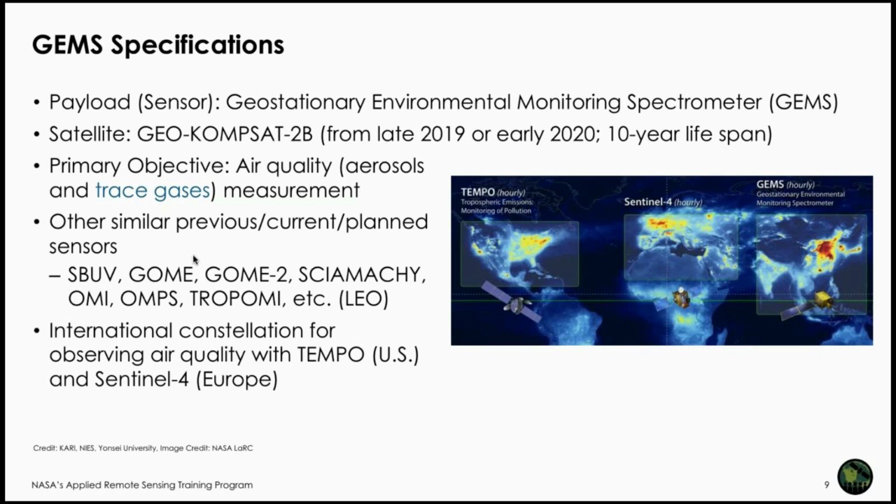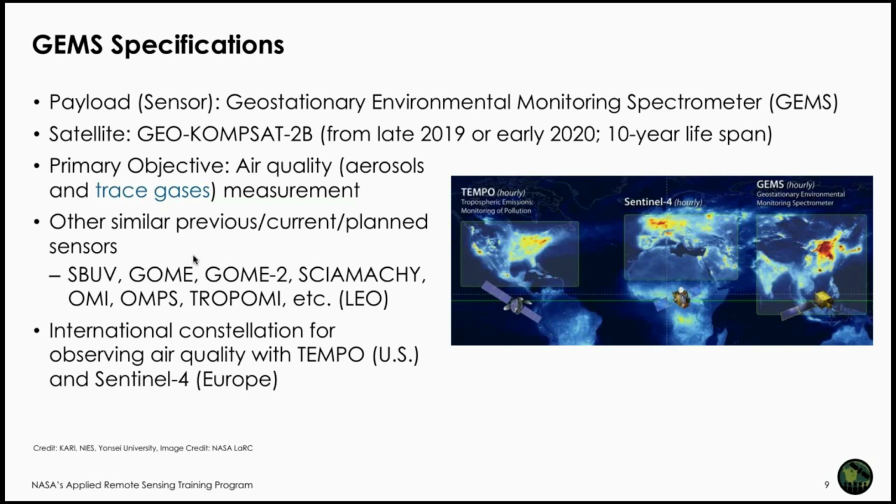Other similar previous, current or planned sensors are SBUV, GOME, GOME-2, SCIAMACHY, OMI, OMPS, and TROPOMI, and all these sensors were and are in low Earth orbit also. So GEMS is the world's first geostationary air quality sensor for trace gases retrieval over East Asia next year.